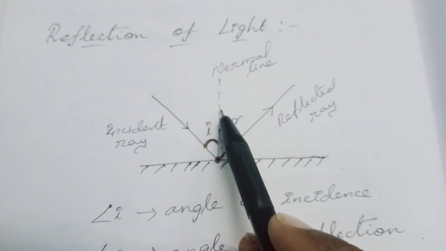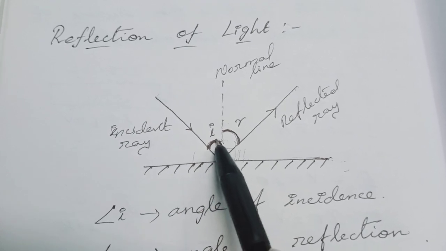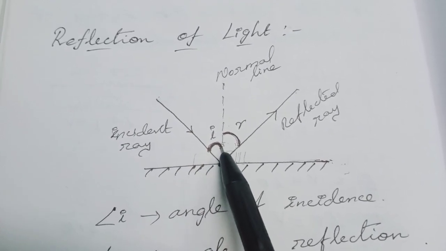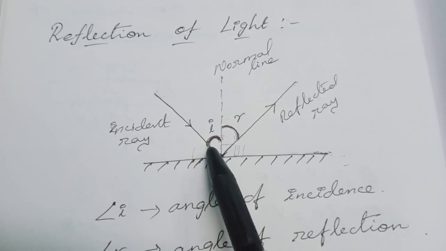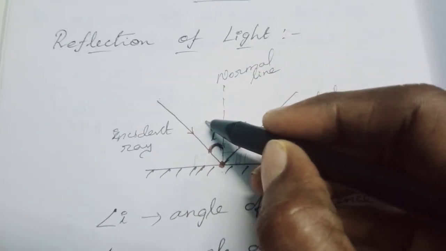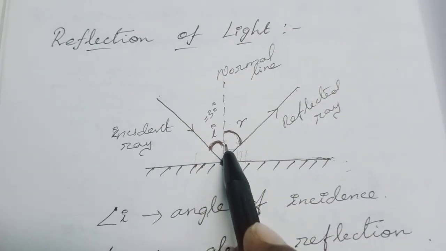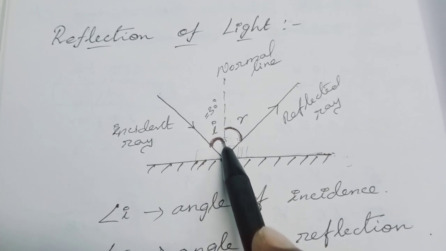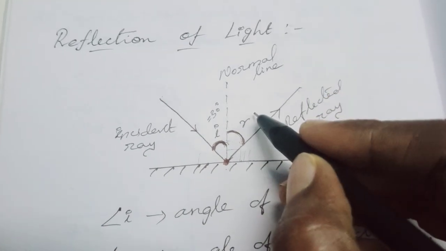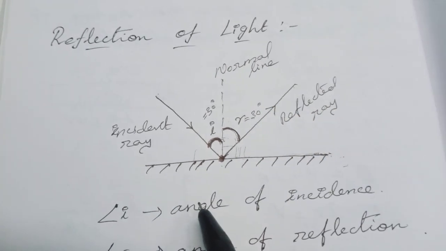After drawing the normal line, we can measure this angle by placing a protractor here. For example, if the angle of incidence is equal to 30 degrees, then the angle of reflection will also be equal to 30 degrees.